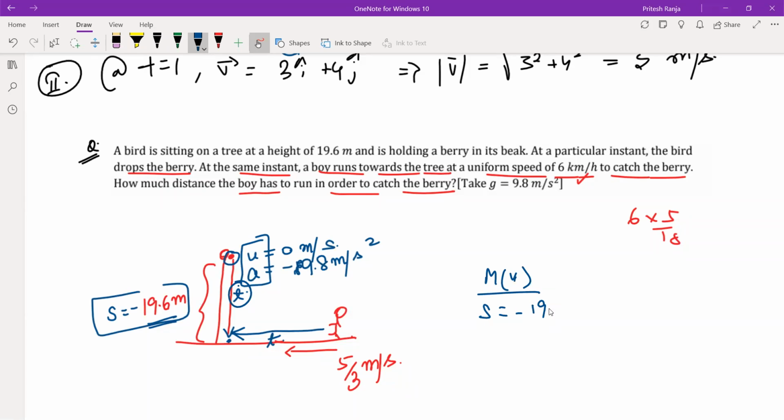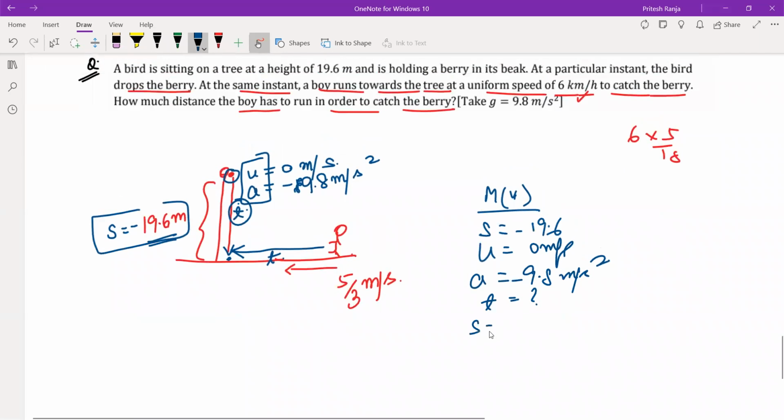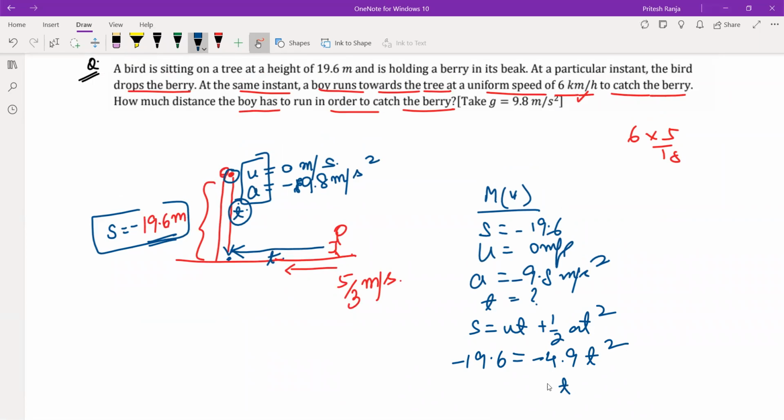Displacement दिया हुआ है -19.6. Initial velocity है 0. Acceleration है -9.8, and you have to find time. So let us find it out. Displacement is equal to ut plus half at square. So minus 19.6 is equal to minus 4.9 into t square. So that gives t as 2 seconds.